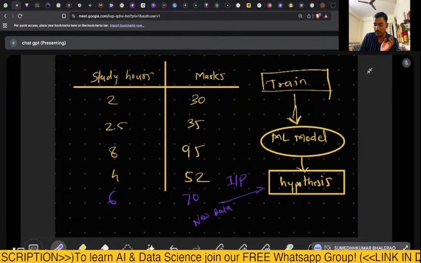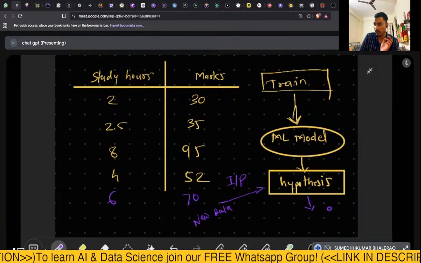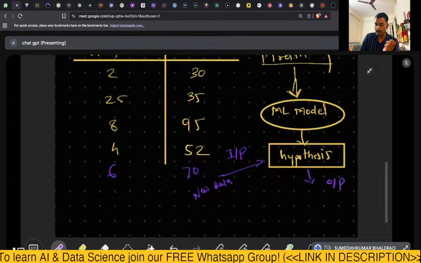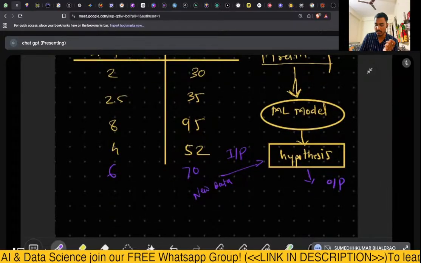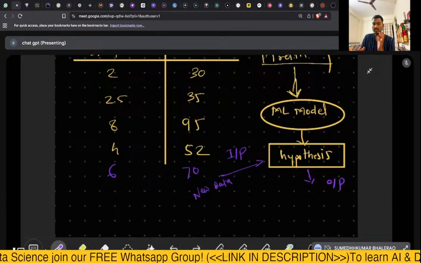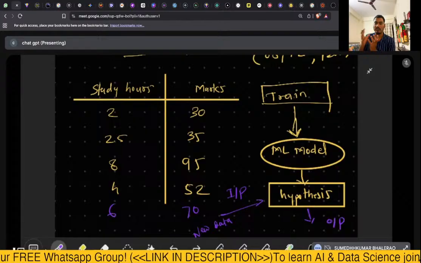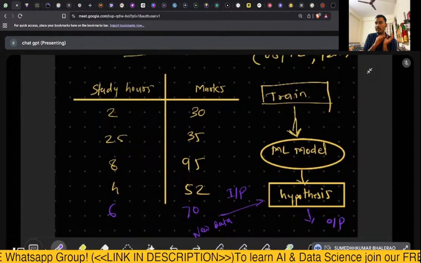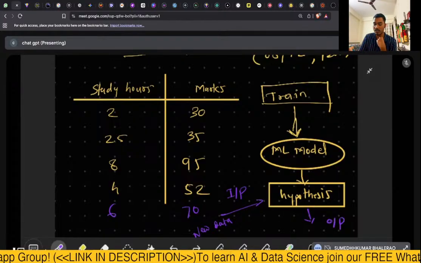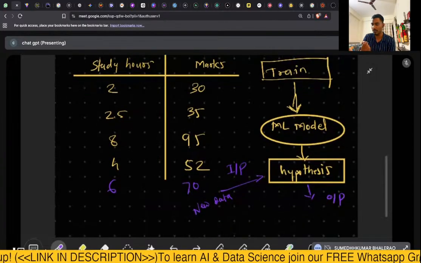So that will be the output. This is how the whole training of the machine learning model, and querying it with new input data, happens in machine learning.